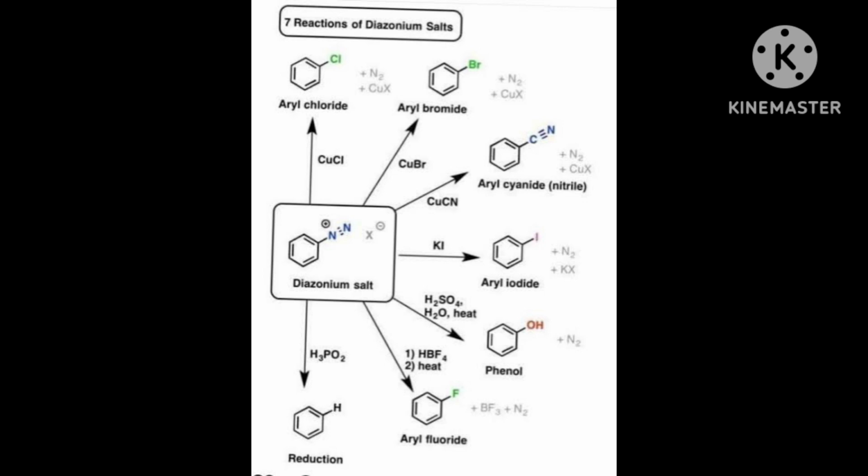Okay? Then everything is balanced. You got phosphorus acid, H3PO3, from hypophosphorus acid. Correct? Then here all things are balanced.